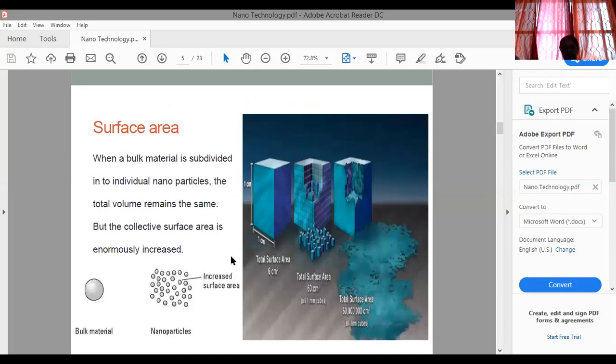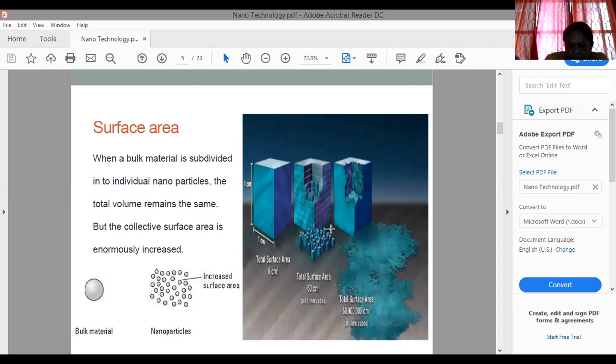So first we will start with the surface area of the nanoparticles. When a bulk material is subdivided into individual nanoparticles, the total volume remains the same. You can see here, the volume remains the same, but the total surface area is increased.